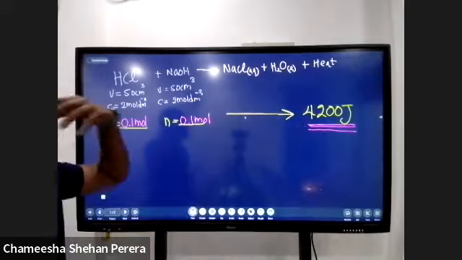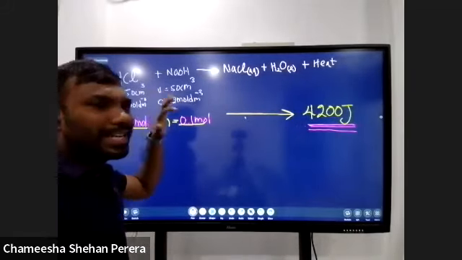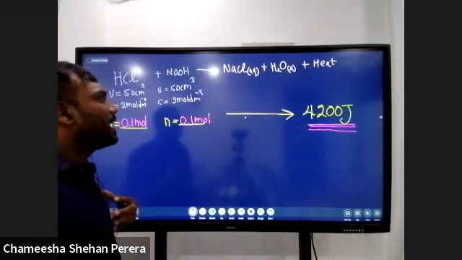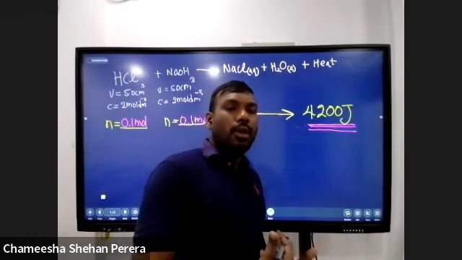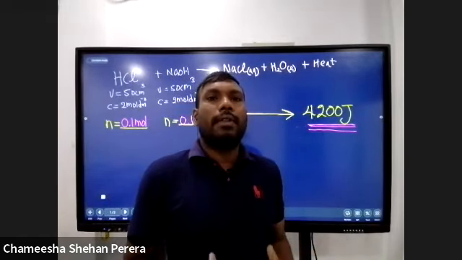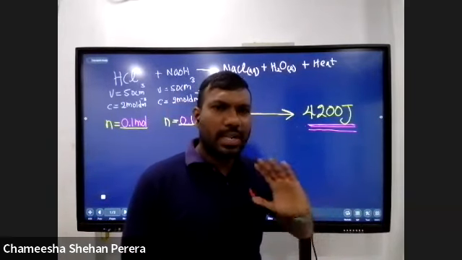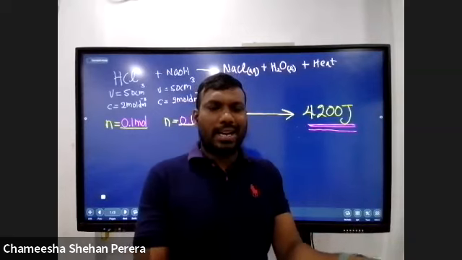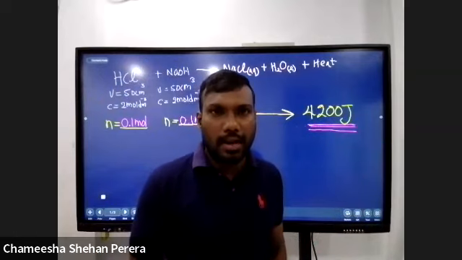Okay, now in our reaction, we reacted 0.1 moles of NaOH with 0.1 moles of HCl. So I'm asking, if 1 mole of HCl reacted with 1 mole of NaOH, how much heat could be generated? In the same experiment, the same way, nothing is different. The only thing is the amount of reactant you're going to add is higher than the amount that you've already added.